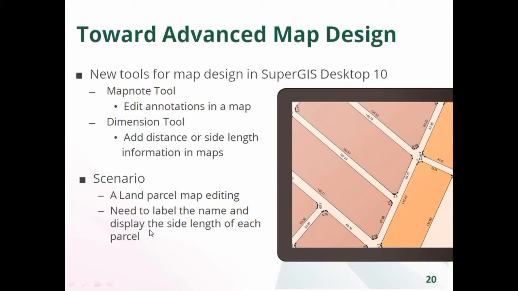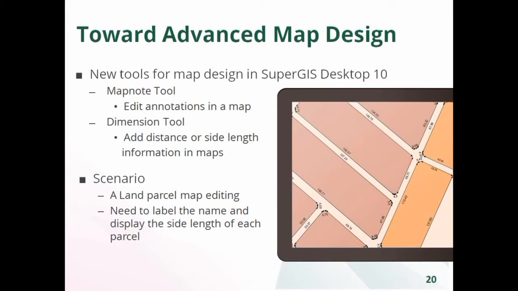The scenario is about dam parcel editing. Usually, after finishing a dam parcel map, the surveyor will turn the parcel map into a paper map, and then bring the paper map to the field so they can check the status of a certain parcel.